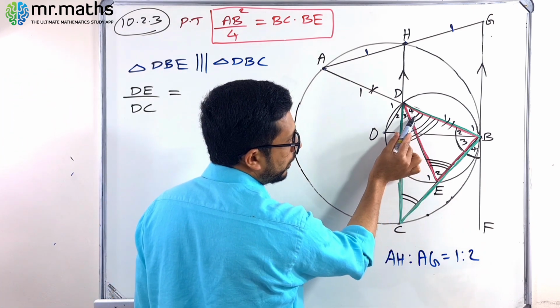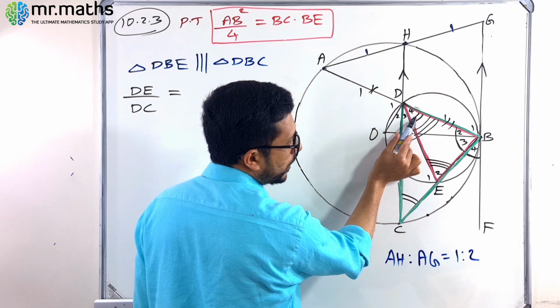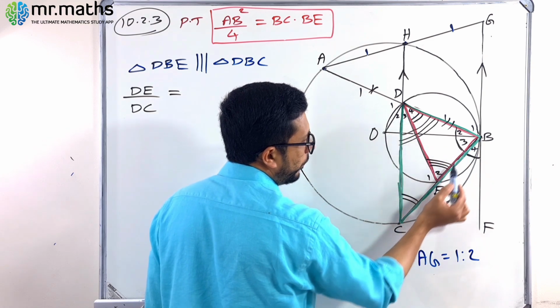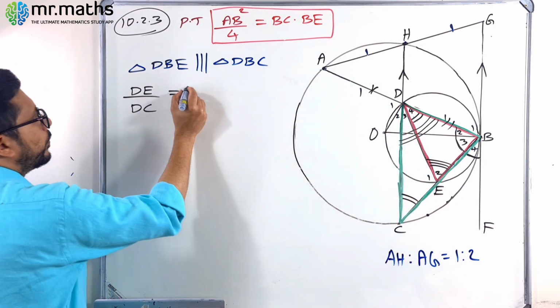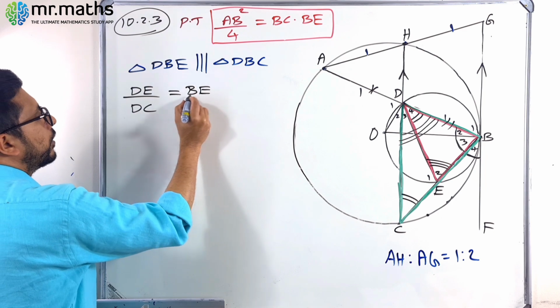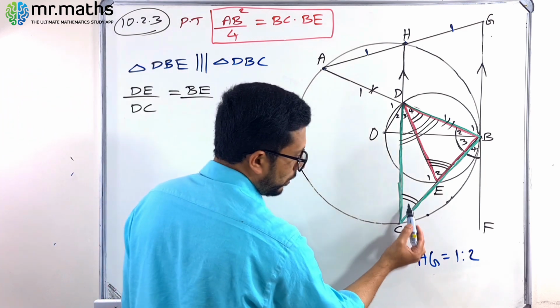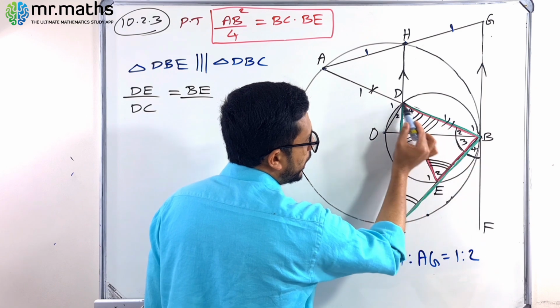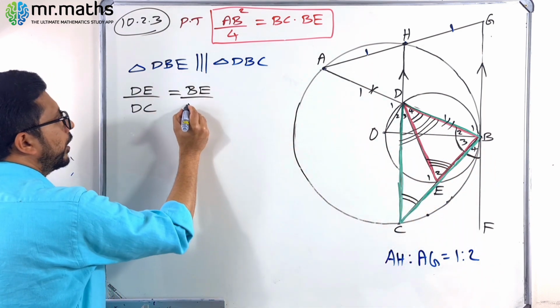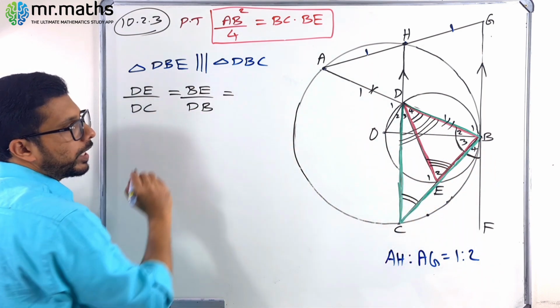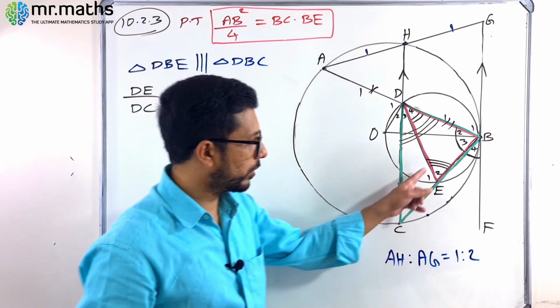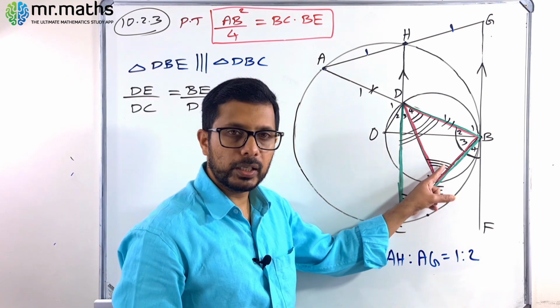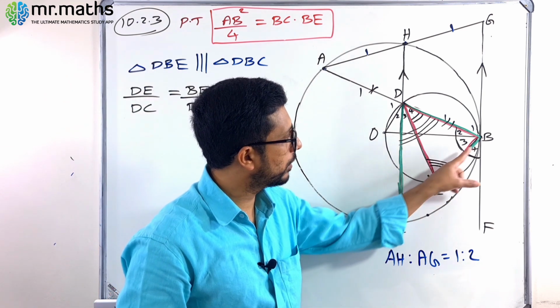DE by DC is equal to the two lines, 1, 2. What is the opposite side of the small one? BE. So it is BE. The two line in the big one, what is the opposite side? DB. Am I right? Divided by DB. The three lines in the small triangle, what is the opposite side?